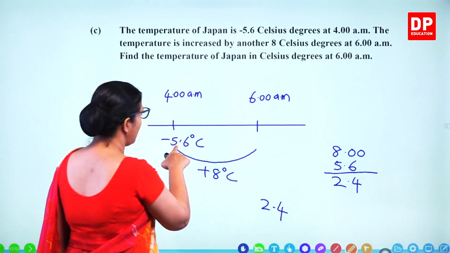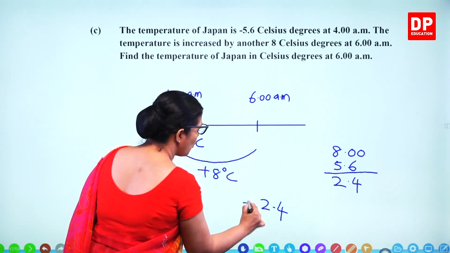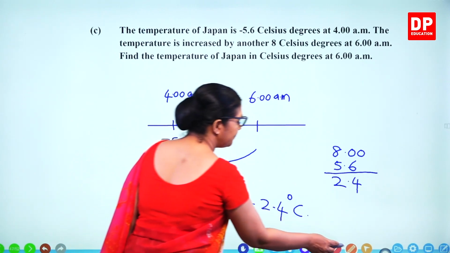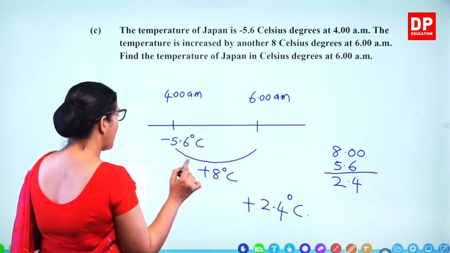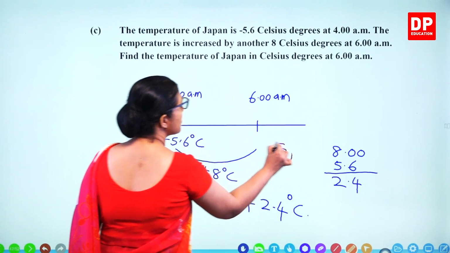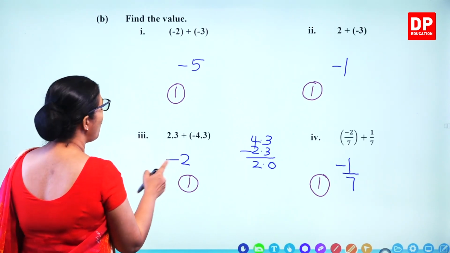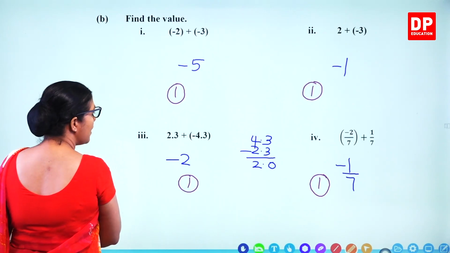But one is negative, one is positive. The highest one is positive. So plus 2.4 Celsius degrees. So how many marks for that? You get 3 marks for that. So this is 3 and 4, 7 plus 4, 11 marks.